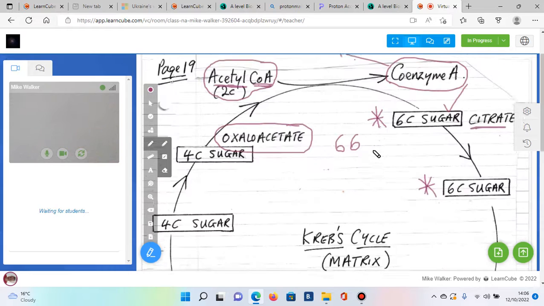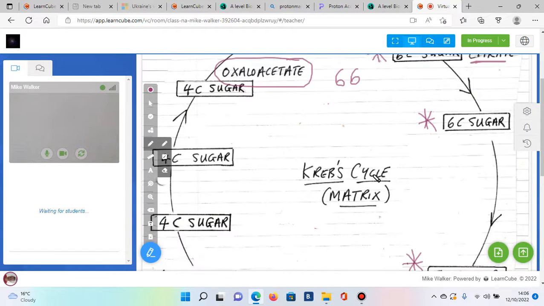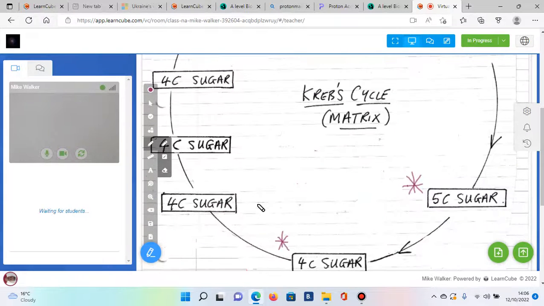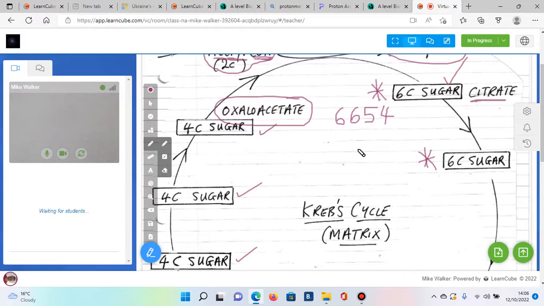So the number is 6654, 6654. Now, what have we then got? We've got 1, 2, 3, 4 more carbon sugars.